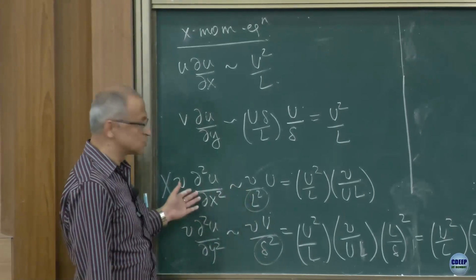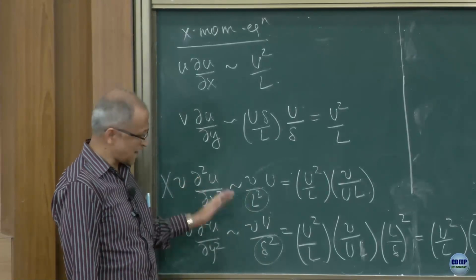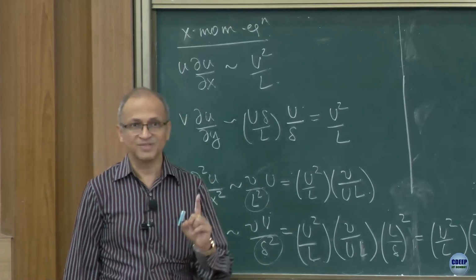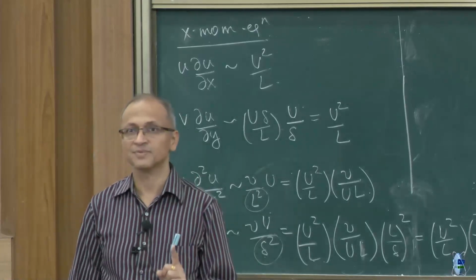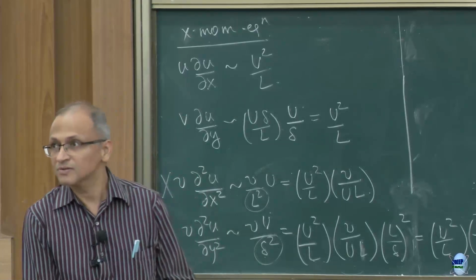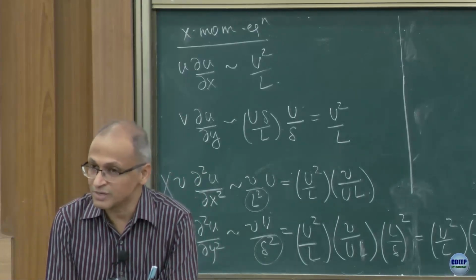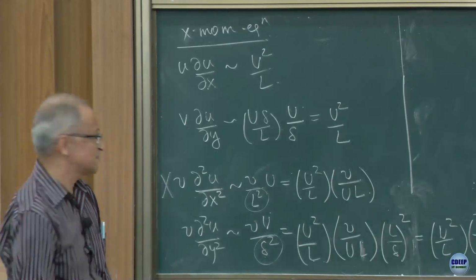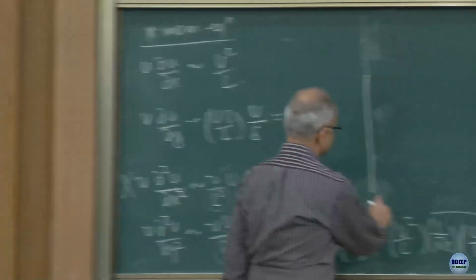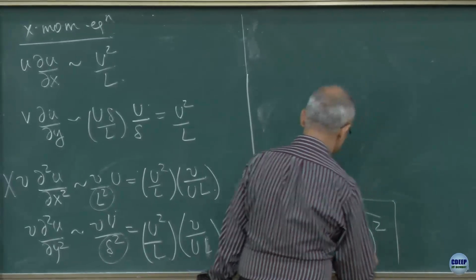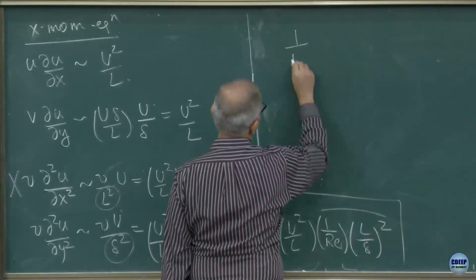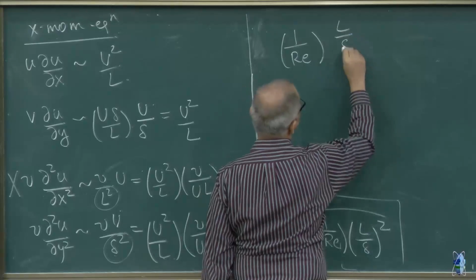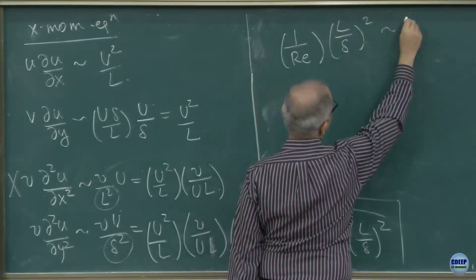So this term is going to get neglected, and I'm left with one term. That one term has to survive now, otherwise the viscous effect is going altogether. Is this argument clear? So now we say that I cannot throw away this term, which means that 1 upon Re times L square upon delta square is of order 1.